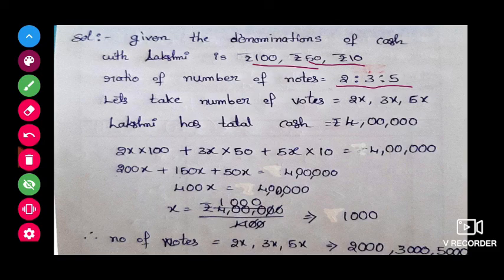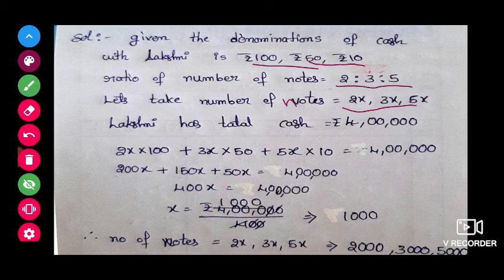So to change it into numbers, I am multiplying with x, that is 2x, 3x, 5x. So let's take the number of notes she has as 2x, 3x, 5x.